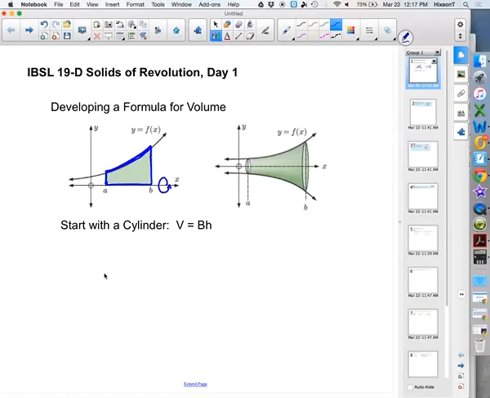That's the idea of what we're doing here, revolving it around the x-axis. Now, I want to start with something we know how to find the volume of and relate it to the situation here. This will help us develop our formula. We're going to do a couple of examples, and I'm going to give you a chance to work on a couple as well.